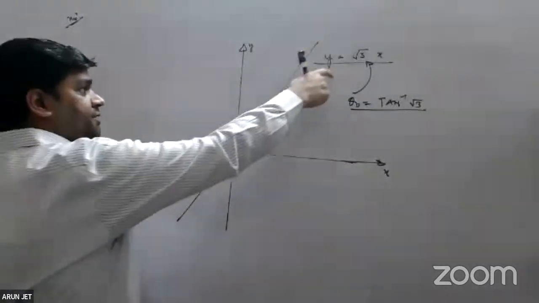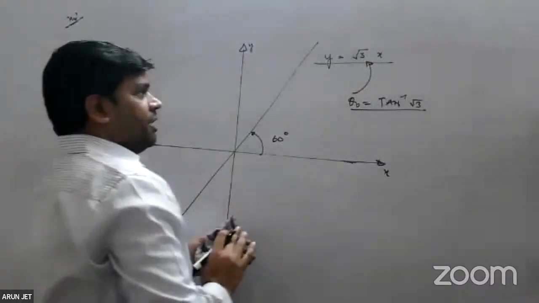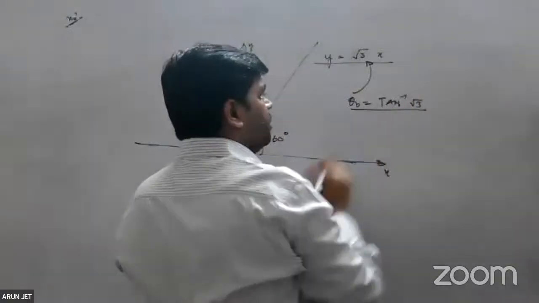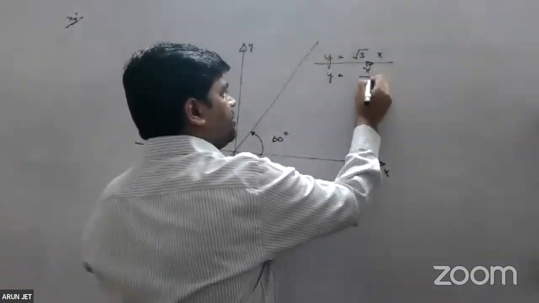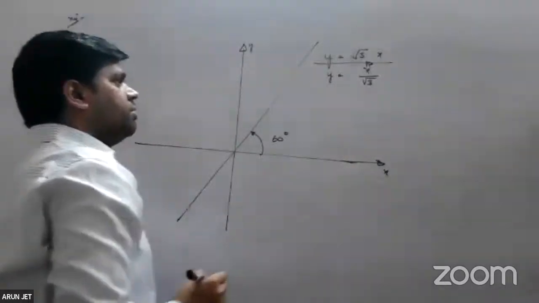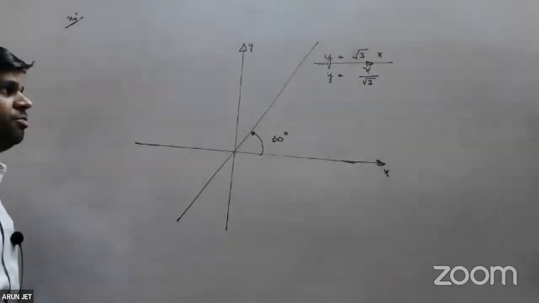Now, this is a straight line which we have got with y is equal to root 3x. We have sketched it. Now, let us say I've got another line y is equal to x by root 3. What would this line be?